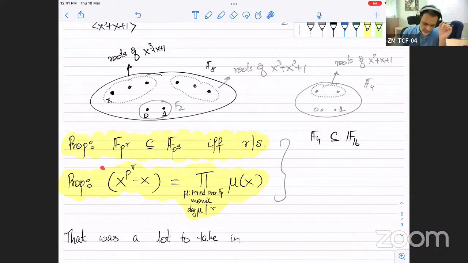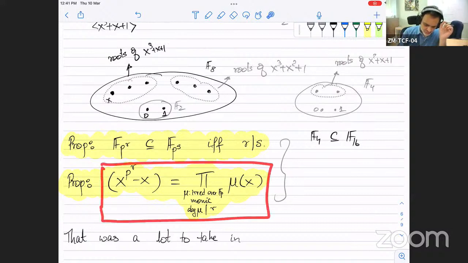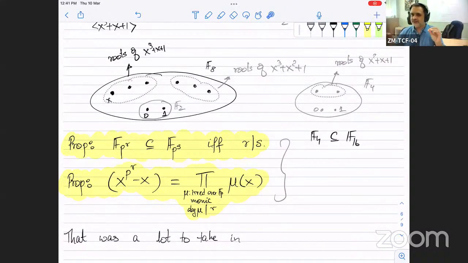That's one thing. And this particular equation is super, super useful. So just tell yourself that whenever you're looking at x^(p^r) minus x, the factorization over F_p is basically the product of all irreducible polynomials of the right degree. And the right degree just means the degree must divide r.